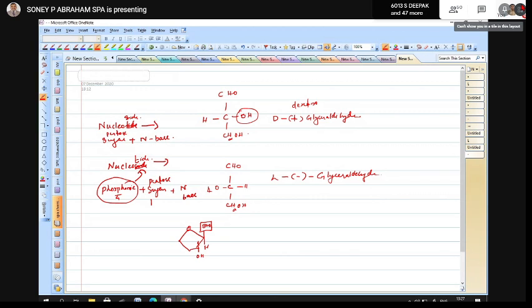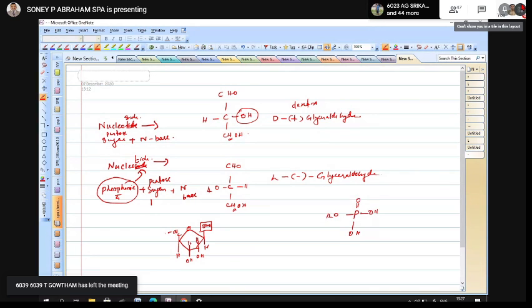What is phosphoric acid? H3PO4. This is phosphoric acid. So here you have a CH2OH, and this OH and OH of the phosphoric acid will combine and eliminate one water molecule. This is how they are attached with the 5th carbon.